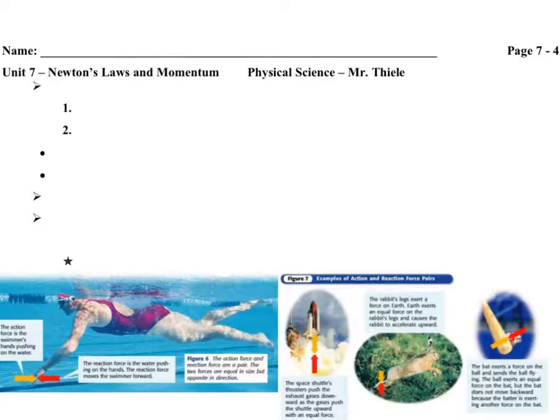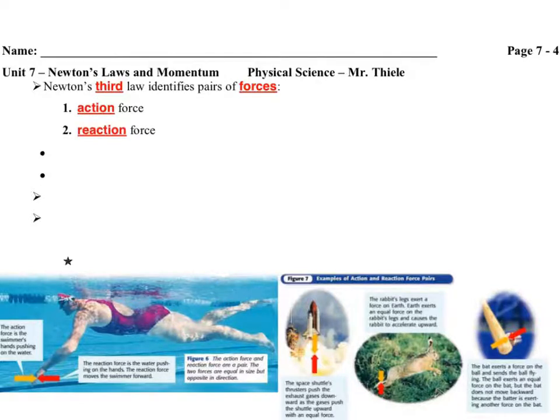Okay, so what does Newton's third law of motion identify? Well, Newton's third law of motion identifies pairs of forces. So what are the two forces that Newton's third law of motion identifies? And the answer is Newton's third law of motion identifies an action force and a reaction force. So what is the force that is applied to an object? The force that is applied to an object, the initial force, the first force applied to an object, is the action force.